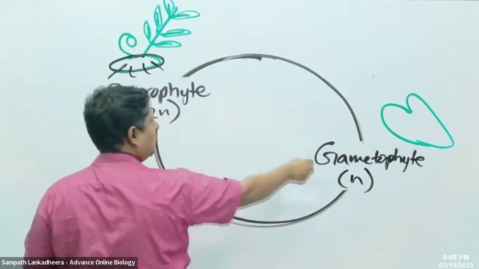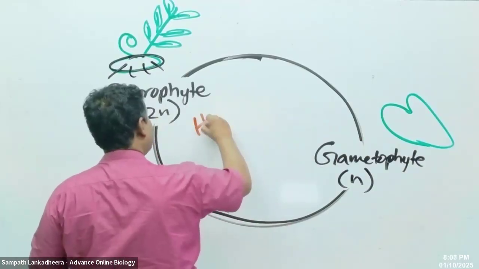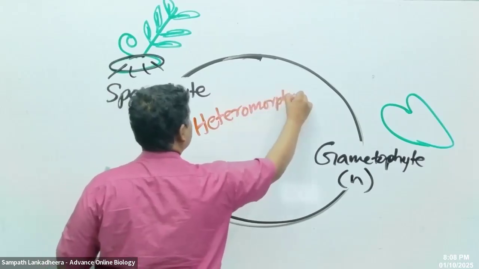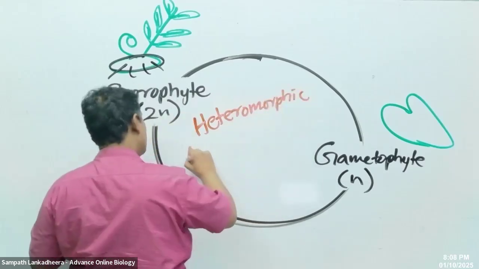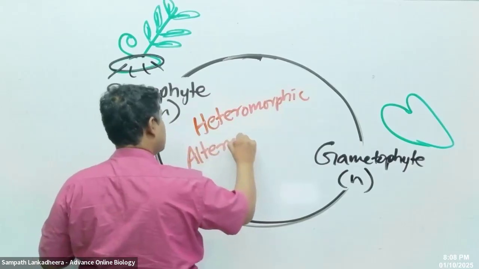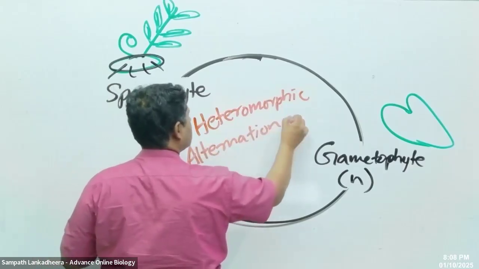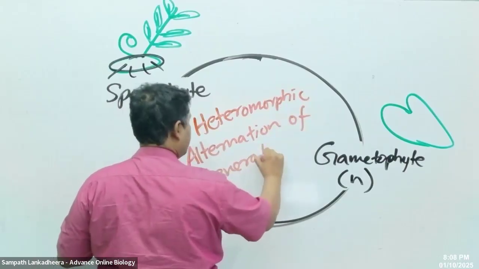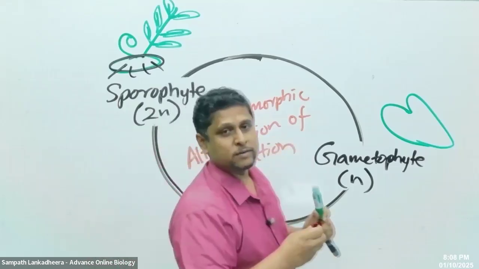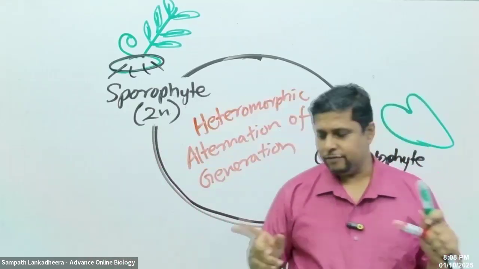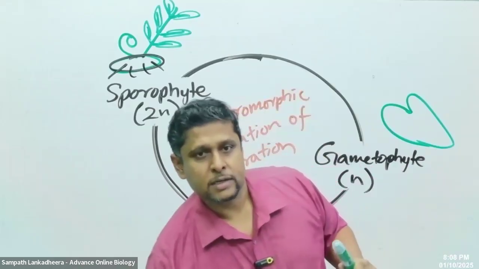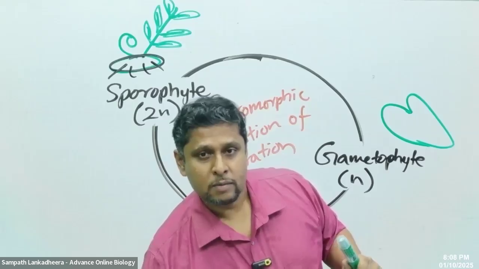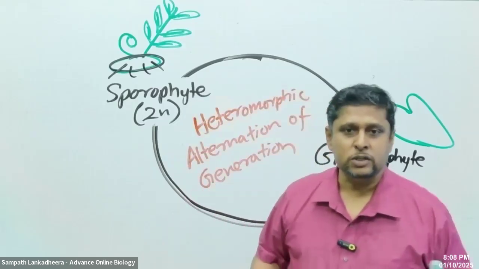So what do you call this alternation of generation? Heteromorphic alternation of generation. The life cycle shifts between these two stages, the gametophyte and the sporophyte, and we call that the heteromorphic alternation of generation.